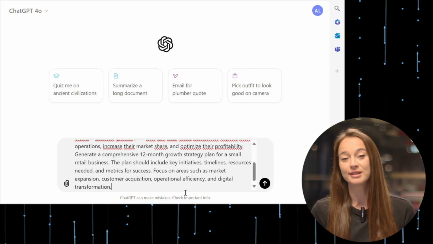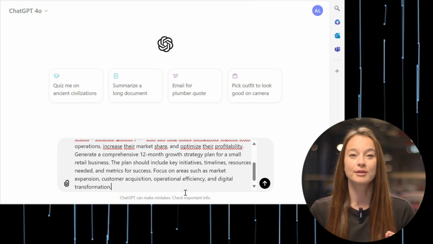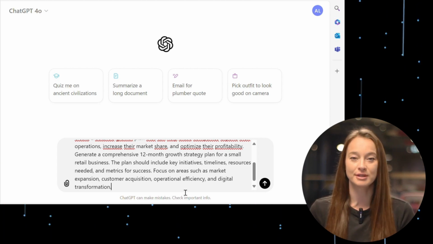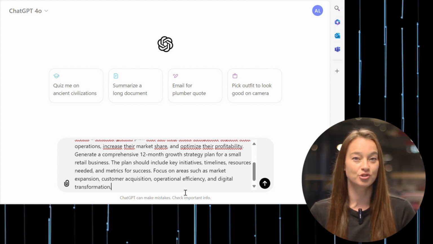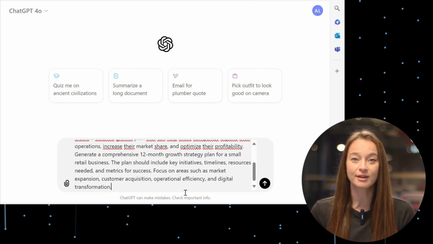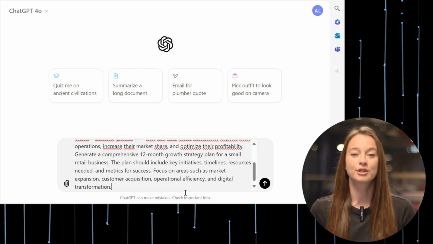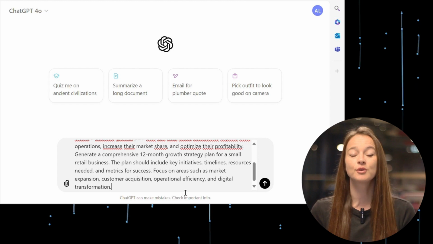Now we will continue with the task. Generate a comprehensive 12-month growth strategy plan for a small retail business. The plan should include key initiatives, timelines, resources needed, and metrics for success. Focus on areas such as market expansion, customer acquisition, operational efficiency, and digital transformation.